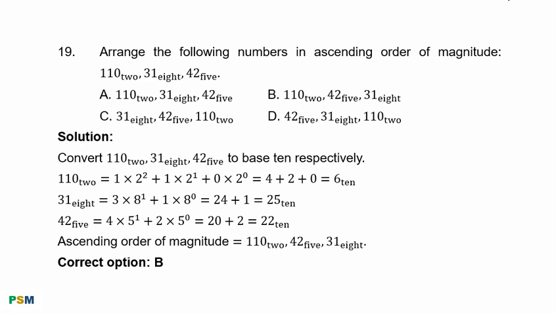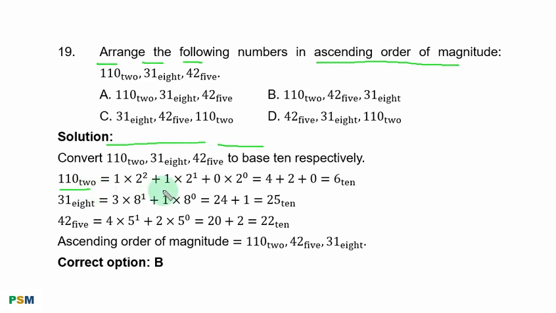Question 19. Arrange the following numbers in ascending order of magnitude: 110 base 2, 31 base 8, 42 base 5. Solution. Convert each number to base 10 respectively. For the first number, you multiply each digit by the base number, plus the next one, and so on.